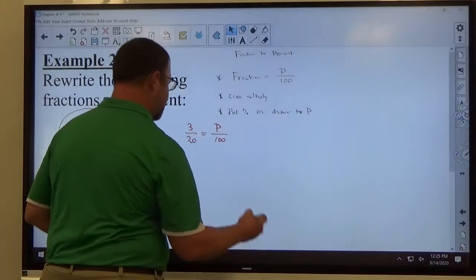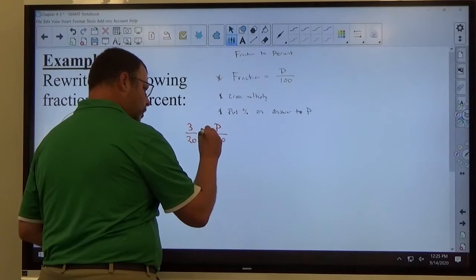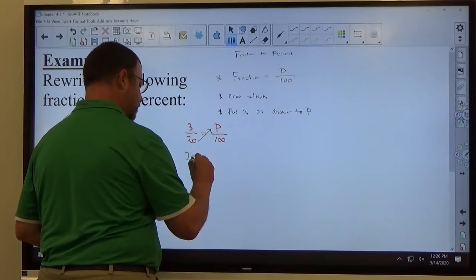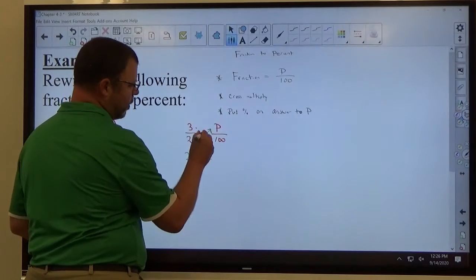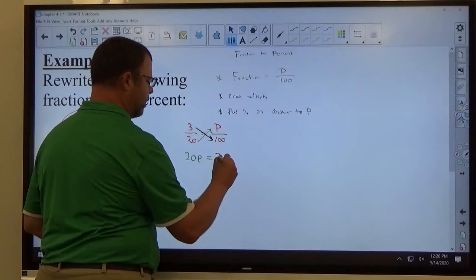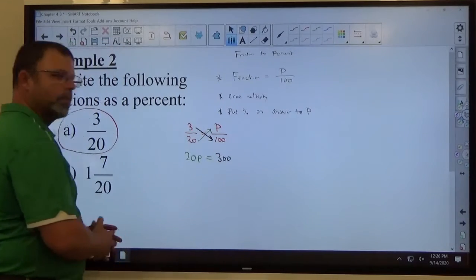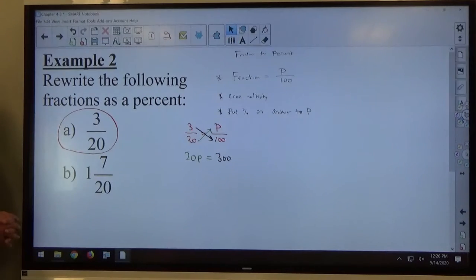So I'm going to take the upward product, 20 times P, is equal to the downward product, 3 times 100. Okay, use calculators as necessary for calculation. Hopefully 3 times 100 equals 300 is not that bad. But if you're unsure, use a calculator to verify.